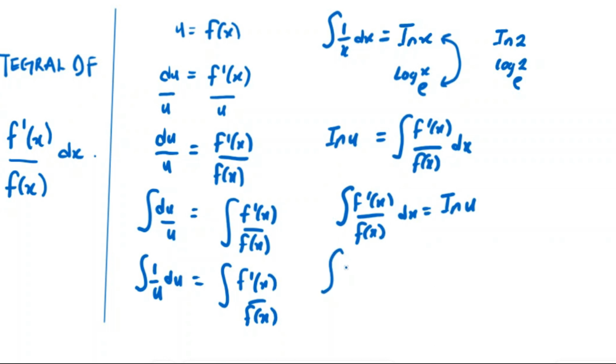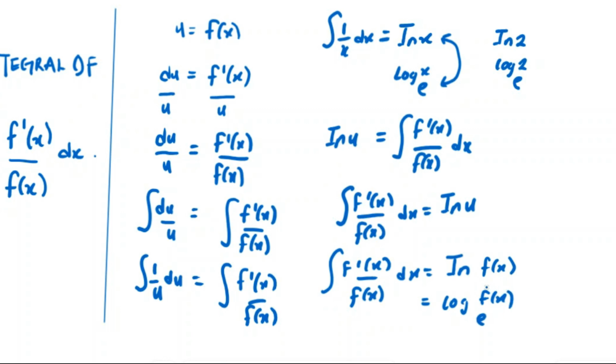Our u is f of x. So we can still represent this as log f of x base e. If it's an indefinite integral, you have an arbitrary constant c.